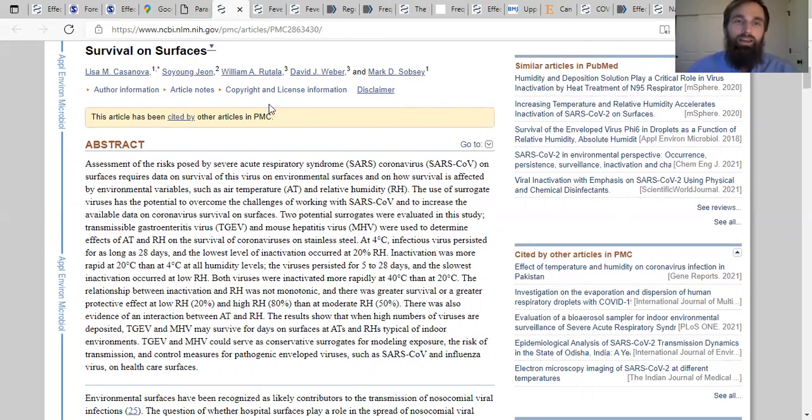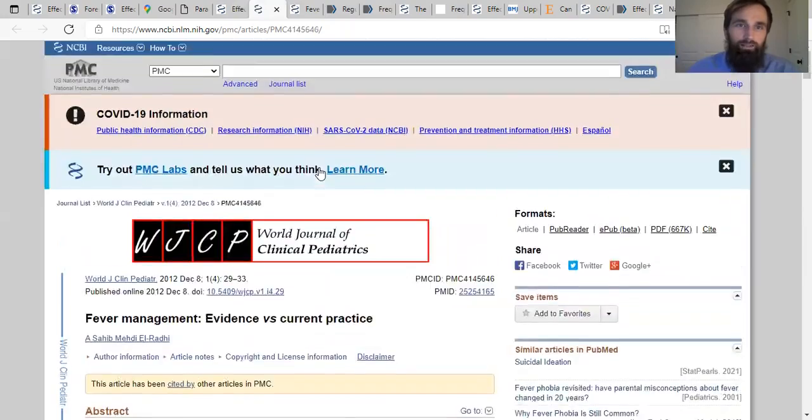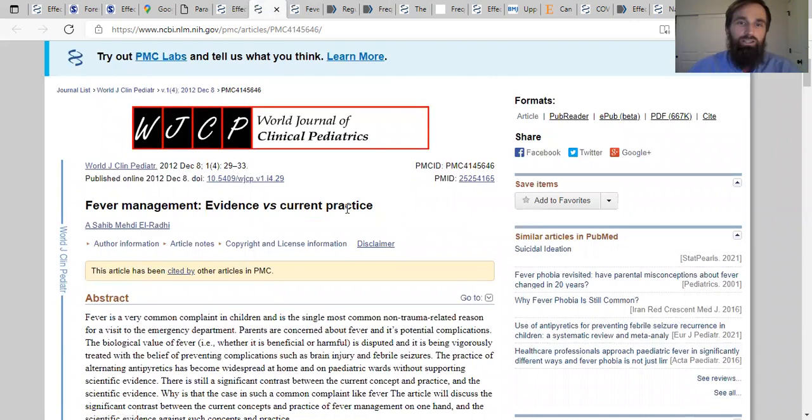So all that to say that we're going to look at fever in just a minute, and this comes into play with fever. The fever actually helps slow the viral replication, and using fever reducers in any type of infection is not recommended in my professional opinion. Now we'll go on and we'll look at fever management, evidence versus current practice.